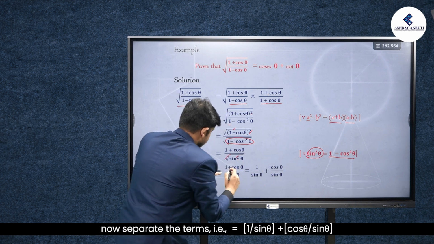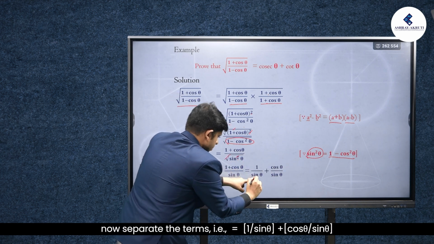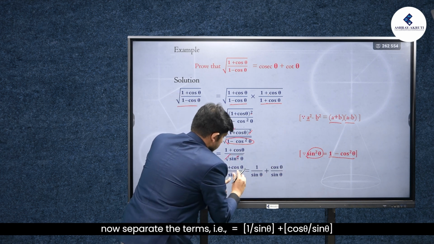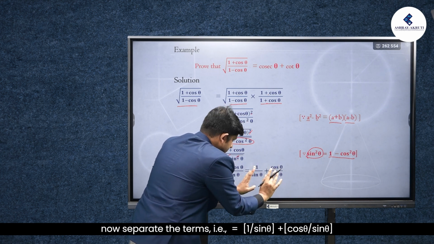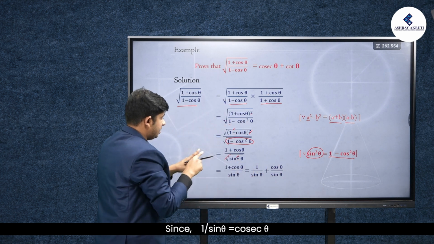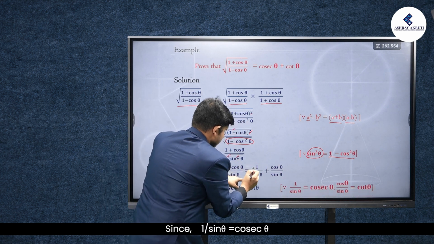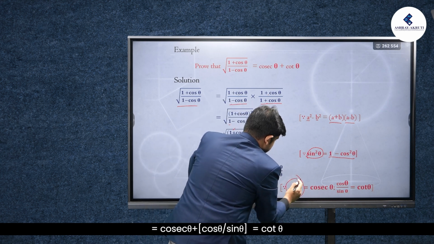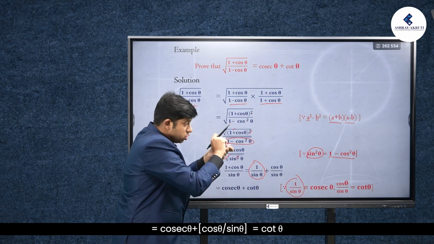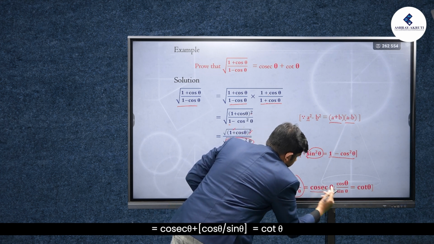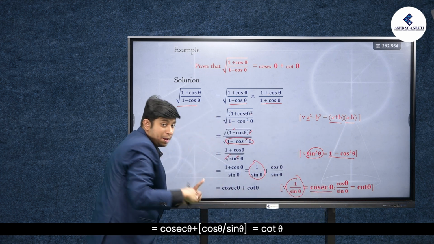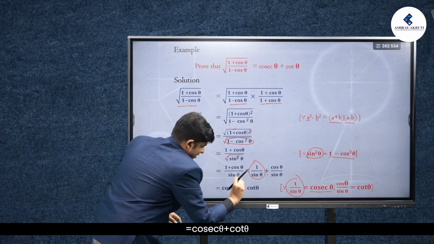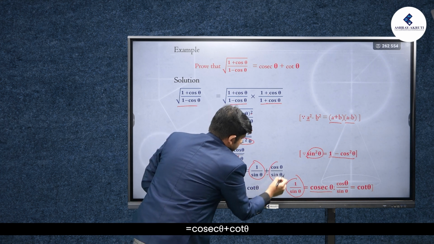Now separate the terms, that is 1 by sin theta plus cos theta by sin theta. Since 1 by sin theta is equal to cosecant theta, we can write it as cosecant theta plus cos theta by sin theta, which is cot theta. So finally we get cosecant theta plus cot theta.